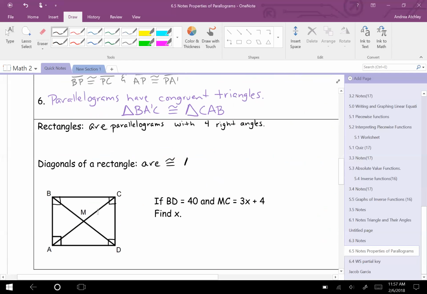That means segment BD is congruent to segment CA. Segment BD is congruent to segment CA. Those 2 diagonals are congruent to each other.